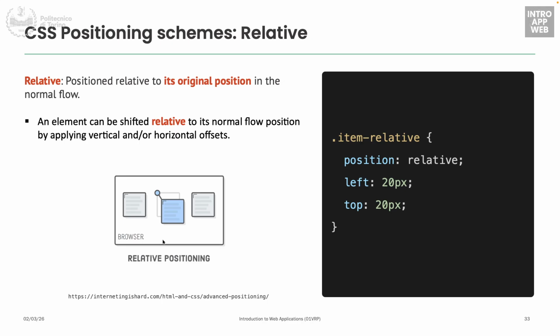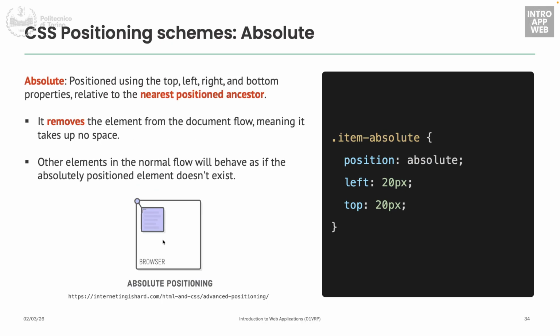So the element can be shifted relative to its normal flow position by applying vertical or horizontal offsets. Pretty intuitive, I think. Then we have the absolute one, that is positioned using the top, left, right, and bottom properties, and is related to the nearest positioned ancestor, meaning its parent, no?